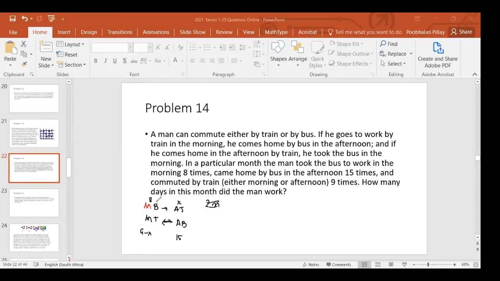So in the morning, he takes the bus 8 times. Sorry, I'm taking such a long time. In the afternoon, he takes the bus 15 times. So I'm putting A, B. We don't know how many times he takes a train in the morning. We'll call it X. But we do know that altogether, he takes a train 9 times. So this has to be 9 minus X.